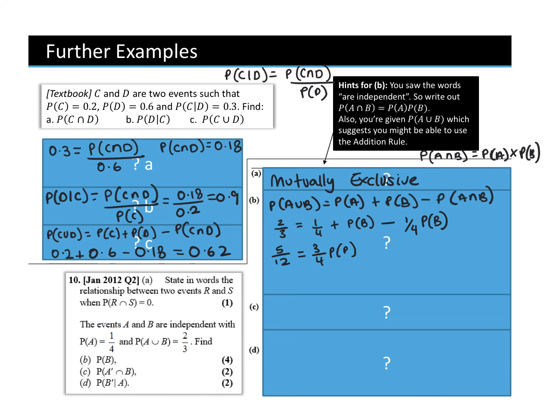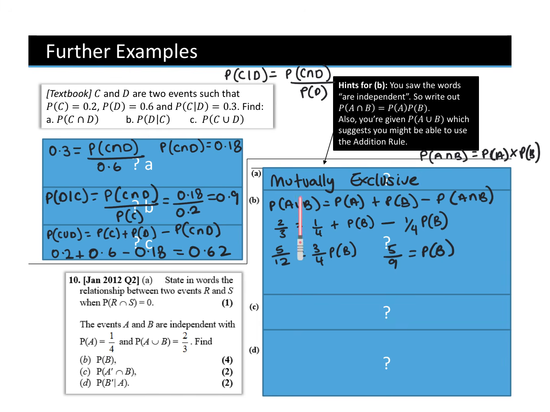Is that right? Times by 4 is 20 over 12, isn't it? Divide that by 3. 5 over 9 equals the probability of B.